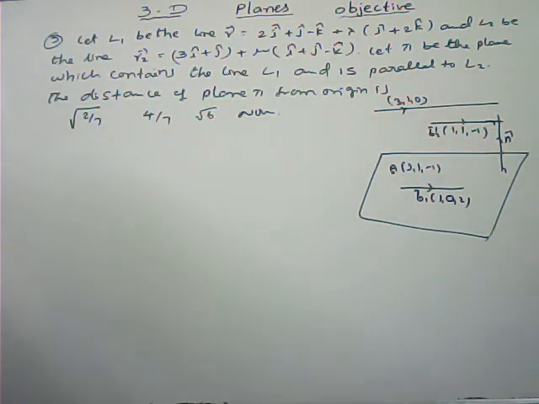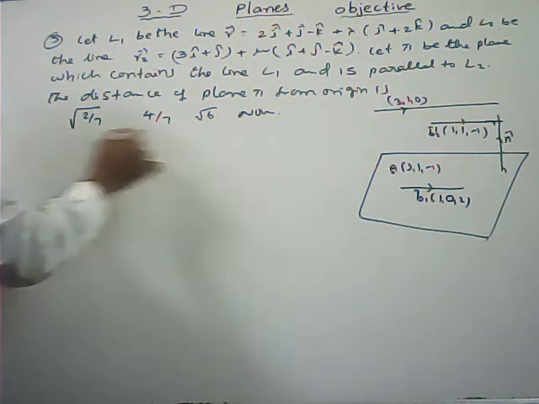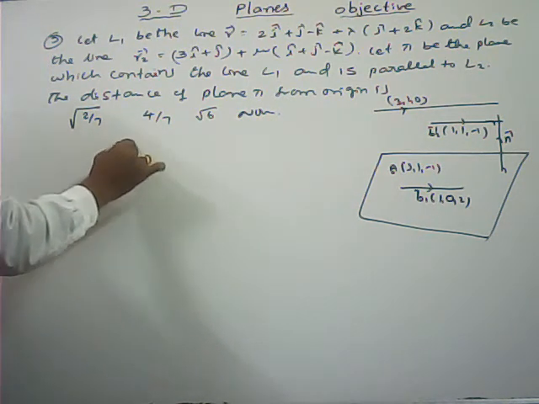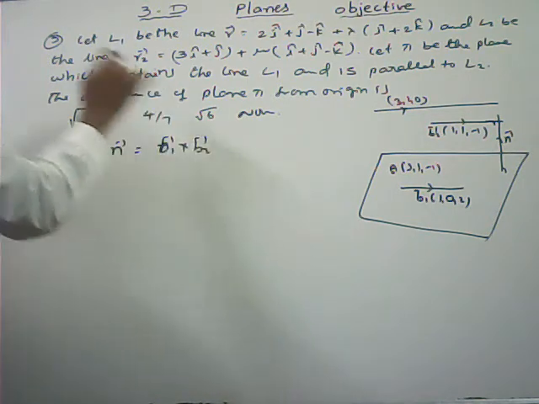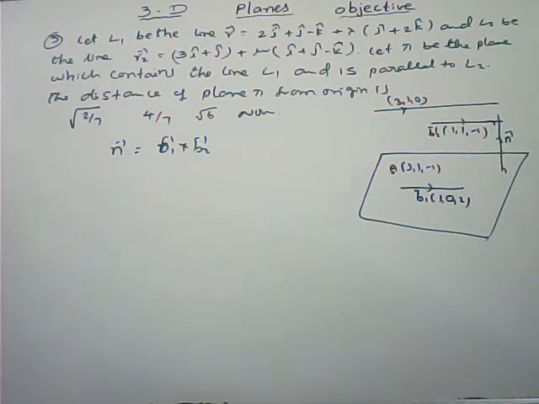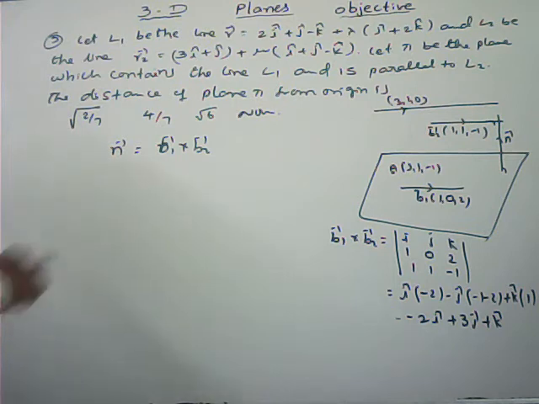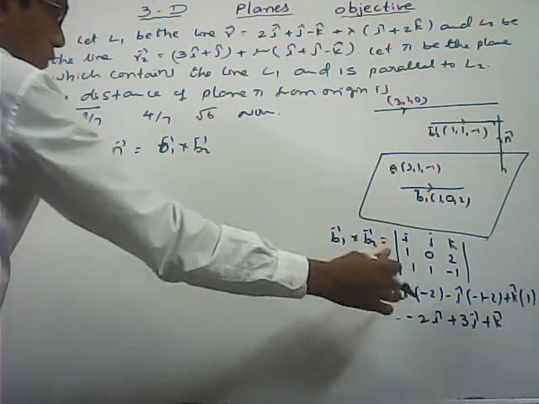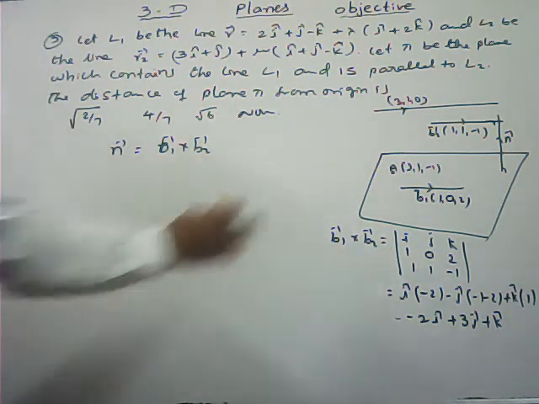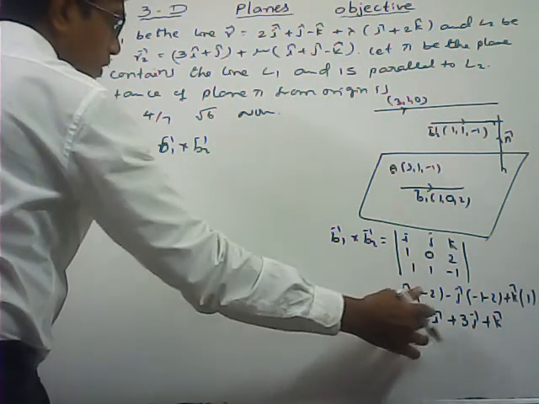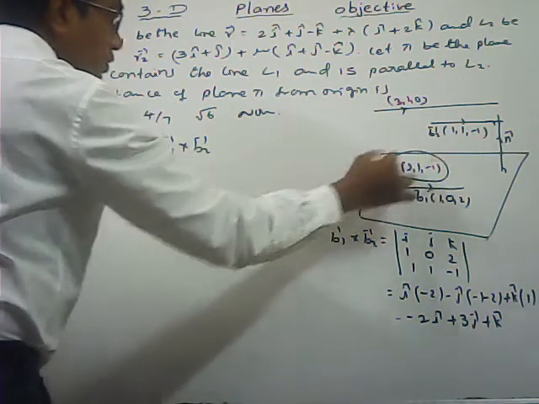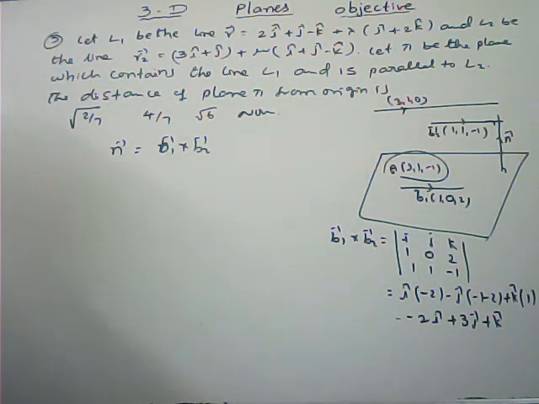What is the vector perpendicular to both B1 bar and B2 bar? That is nothing but their cross product only, B1 bar cross B2 bar. So we got that one. The normal to that plane is minus 2, 3, 1, and it passes through the point 2, 1, minus 1. So here we can get the equation of the plane.